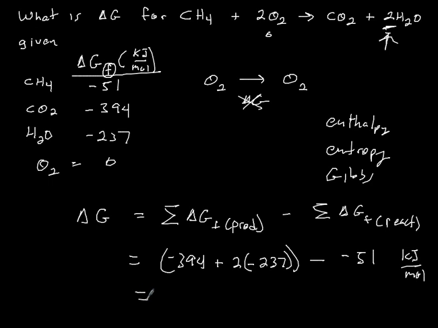Okay, add those up, and you'll get negative 817 kilojoules per mole. Once again, negative Gibbs free energy means this is going to be a spontaneous reaction. So those are two additional methods of calculating Gibbs free energy.